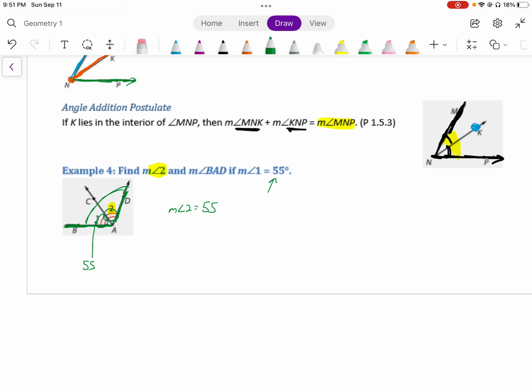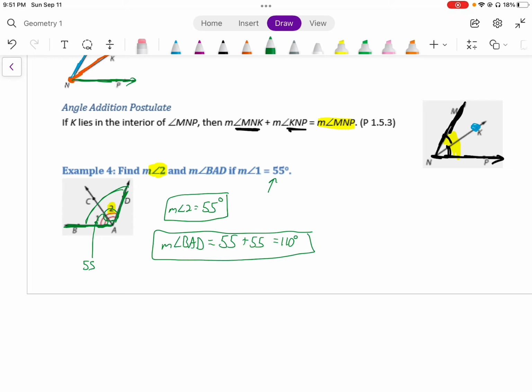And then we can say measure of angle BAD has to equal those two smaller ones added together, 55 plus 55, which is 110 degrees. Should put our degrees there. So there's our two answers. And so that was measurement. We did measurements of segments and measurements of angles.